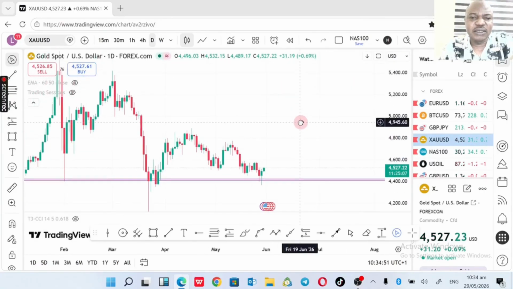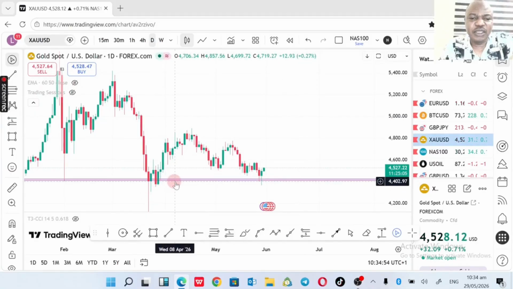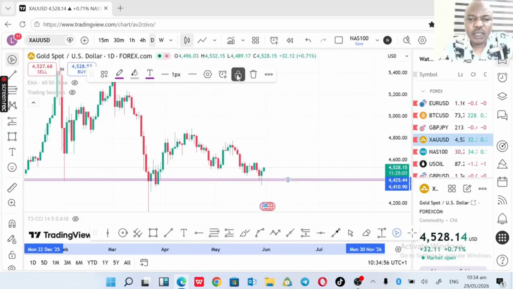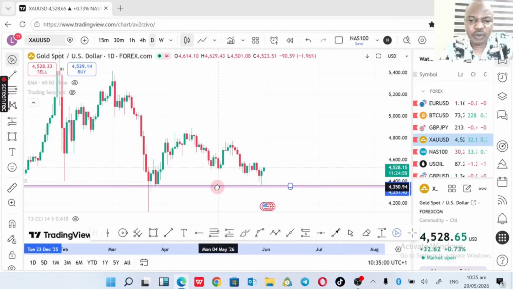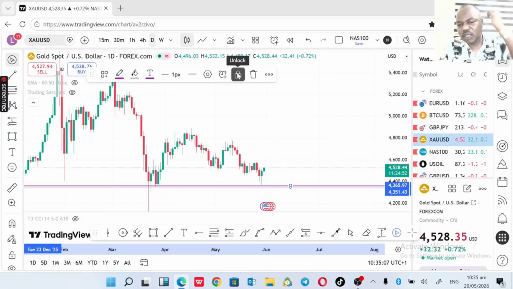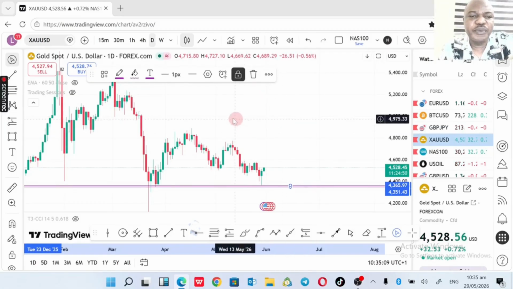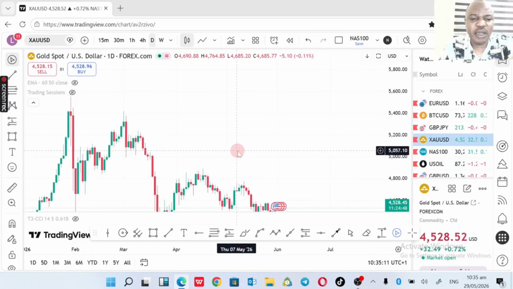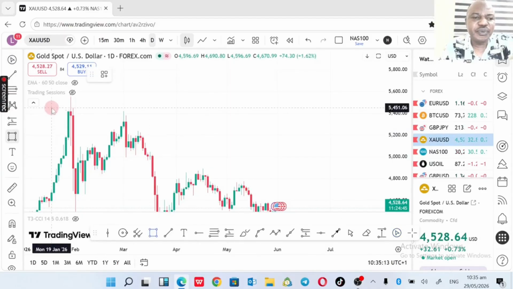So you can see that on the daily, we adjust our support down a bit to have this last week. So we have the first week, second week, third week. The week is the candle retracement back up. Now let's see where we have our resistance.